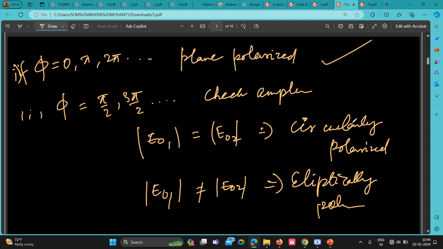But if it is pi by 2, 3 pi by 2, etc., we have to check the amplitude. If the amplitudes are the same, this is circularly polarized. If the amplitudes are different, this is elliptically polarized. As simple as that. So we first check the phase difference: if it is 0, pi, 2 pi, etc., it is plane polarized. If it is of the order of 90 degrees, like pi by 2, 3 pi by 2, we check the amplitude. If the amplitudes are the same, it is circularly polarized; if different, elliptically polarized.